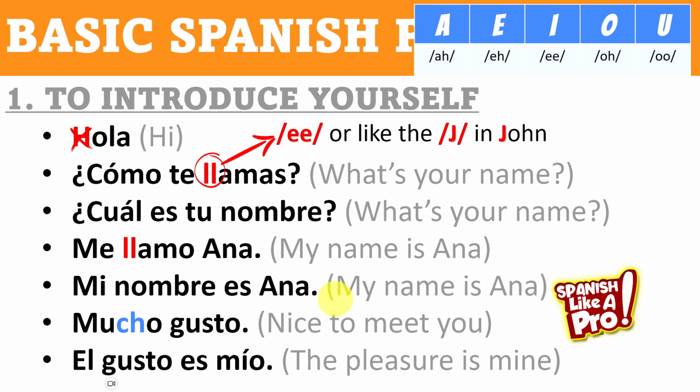Mi nombre es Ana. One thing that we learn as we continue with the lessons is that in cases like this, in which you have, for example, sound A or just any sound followed by another word that begins with that sound, in Spanish we tend to link them together. So I say, mi nombre es Ana. And in general, the last sound of a word connects to the first sound of the next.